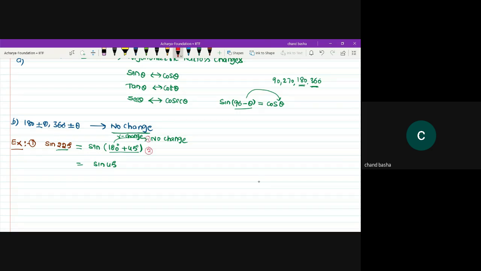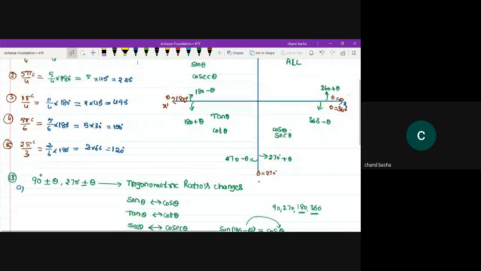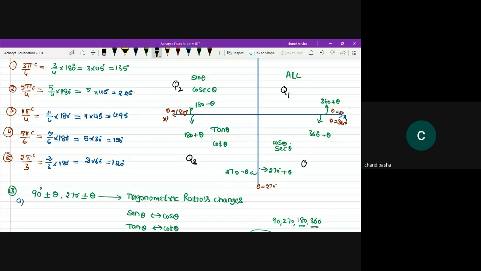And after that, see, are you allowed in the third quadrant? 180 plus means, is it quadrant number 3? It is quadrant number 3. This is quadrant number 1, quadrant number 2, quadrant number 3, quadrant number 4. In quadrant number 3, only tan and cot are positive.